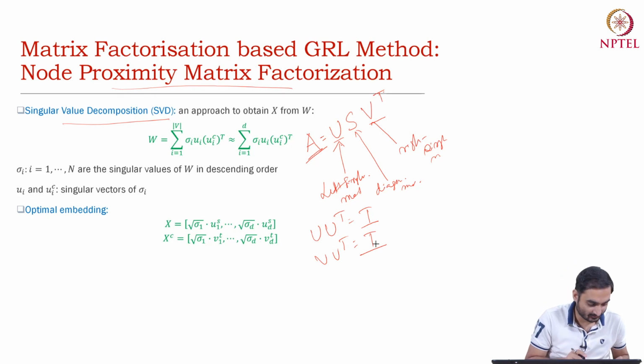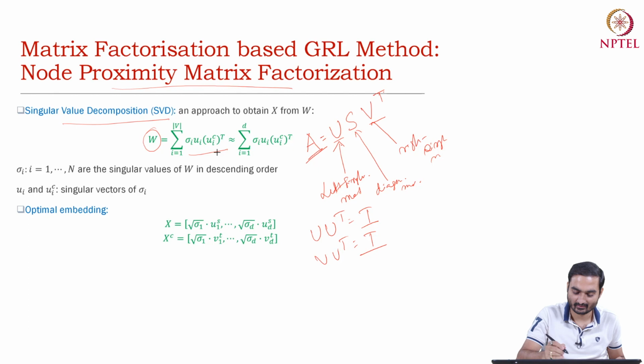So at the end of the day, we will decompose W in this way, where sigma is basically the diagonal element of S, and you have the left and right singular vectors, and then you have embeddings, right.